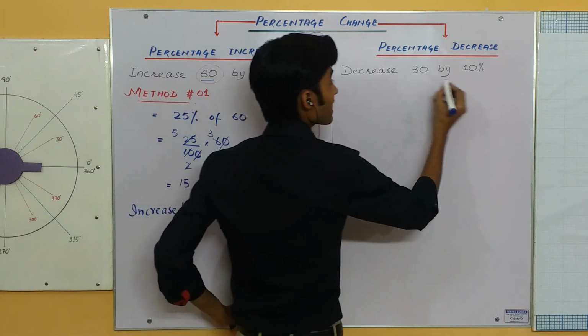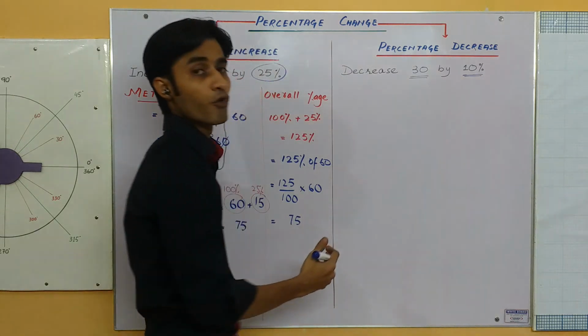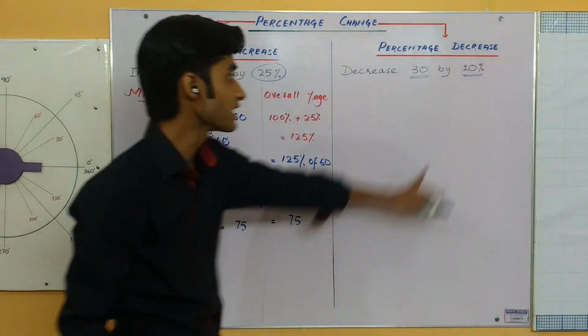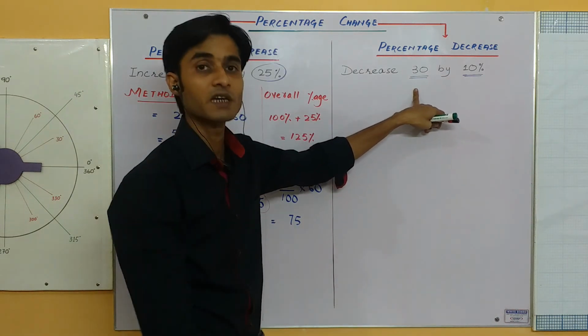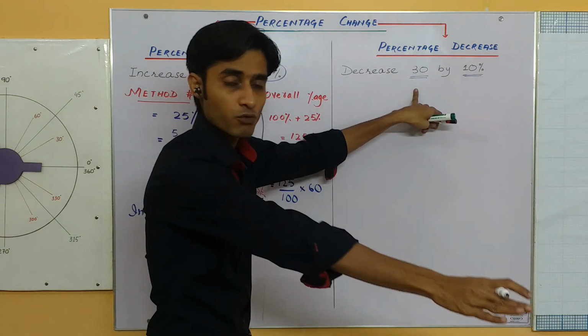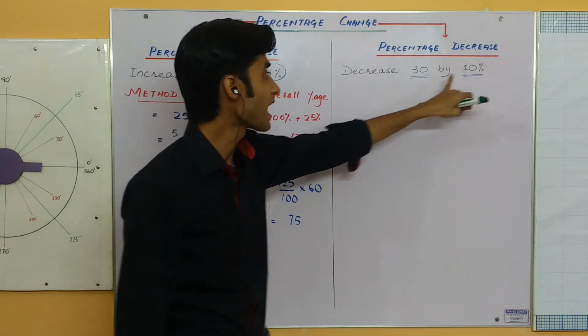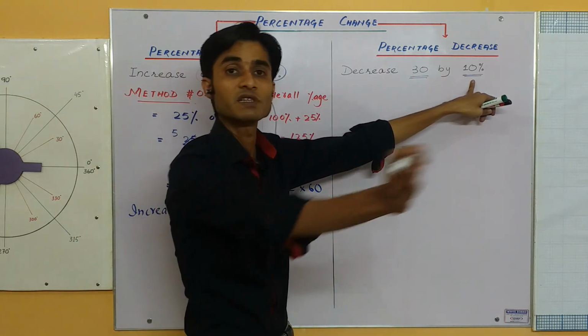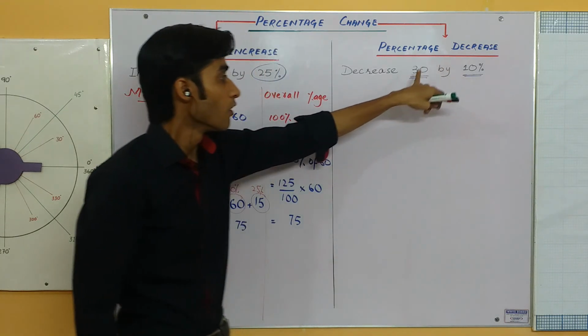So I have two ways. One, I find out the first quantity and I find out the second quantity. The second quantity is 10% of 30. Once I have the second quantity, I can subtract it from the first one. This is one way. The other way is this. I know the percentage of the second quantity. How much percentage is it? 10%.